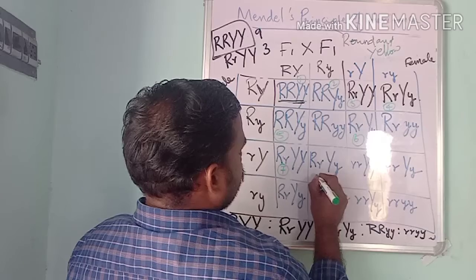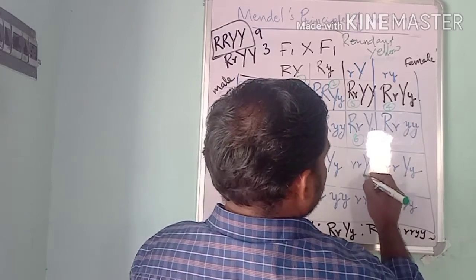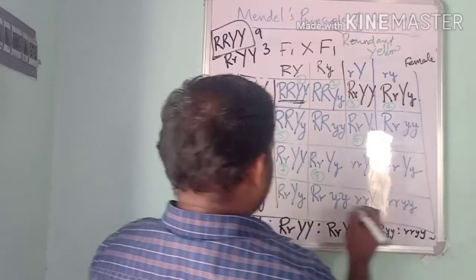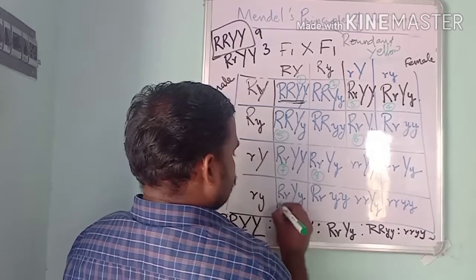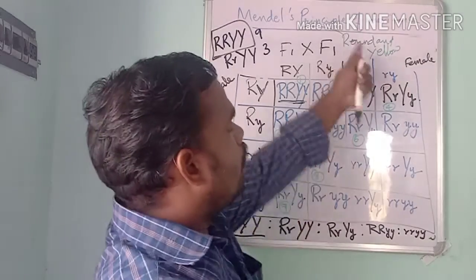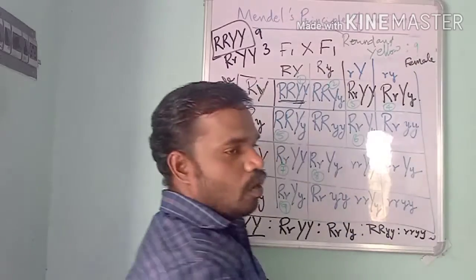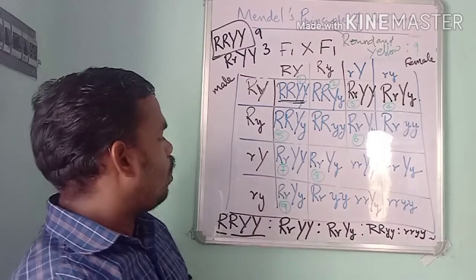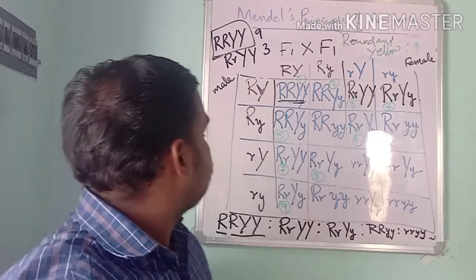And this is also round and yellow. This is a wrinkled yellow. This is also wrinkled yellow. You will find it's also 9. So round and yellow, 9 plants are there. Got it? Clear?